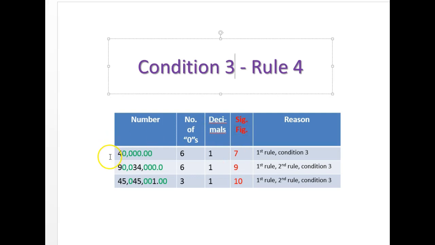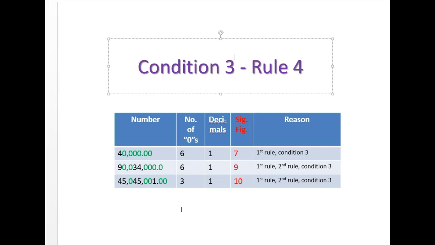Here we have 6 zeros and 1 decimal, and that gives us a significant figure count of 7 for condition 3. And then we have 2 and 4, that's 6 zeros, and all those zeros are significant. So we have 6 plus the 3 non-zero numbers that are there, so we have a significant figure count of 9.